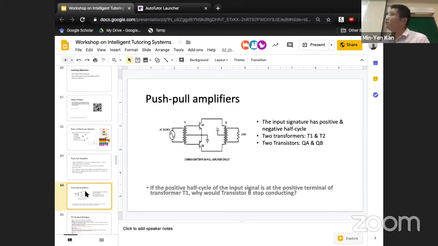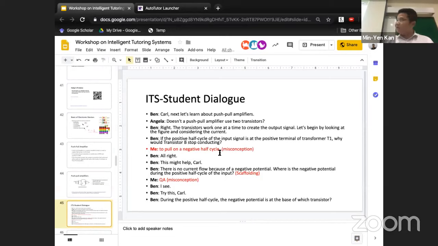The computer tutor has asked it to the student, and I have already tried to answer this question. This is all automated, generated dialogue, and you can see what will happen in the dialogue. So it is supposed to be put on a positive half cycle.